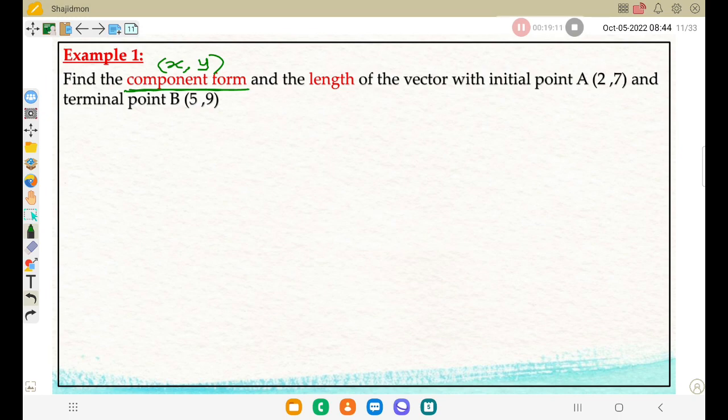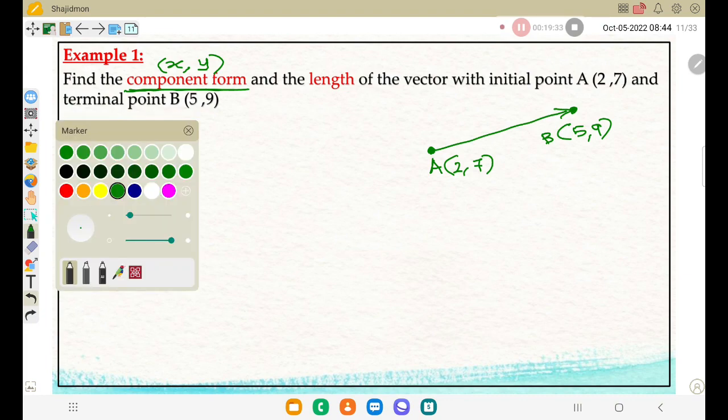This is the first question. So the vector starts at A 2, 7 and the ending point of the vector is B 5, 9. What is vector AB in component form? That is the question.